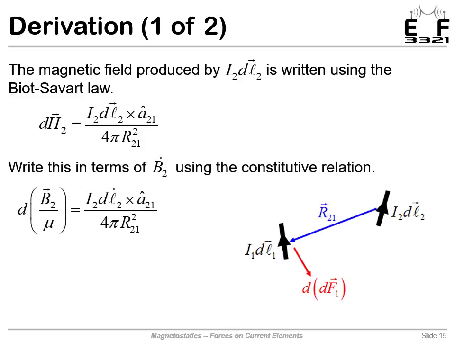Now, we need to figure out the force that puts on the first current element, but we need the magnetic flux density B for a force equation. So we just calculated H that the second current element put out. We convert that to the B field put out by that second current element using the constitutive relation, so we divide by mu. And so we end up with dB2 equals essentially the Biot-Savart law, but there's the permeability term sitting there.